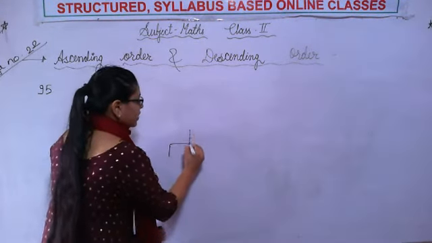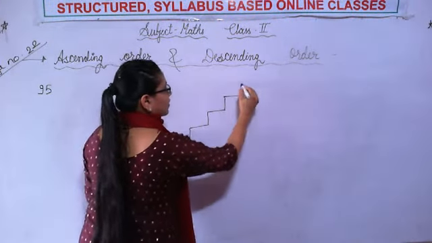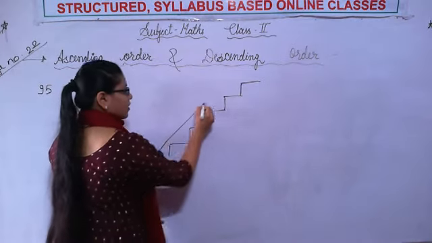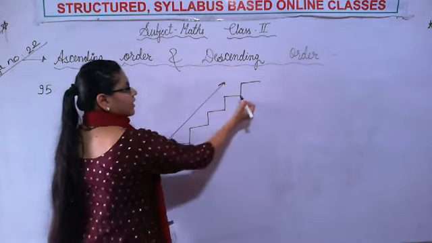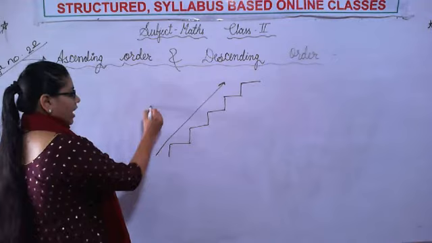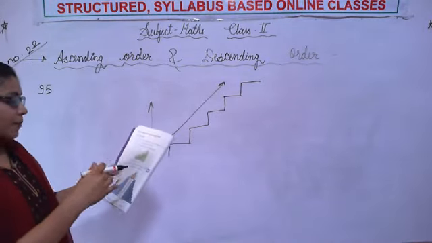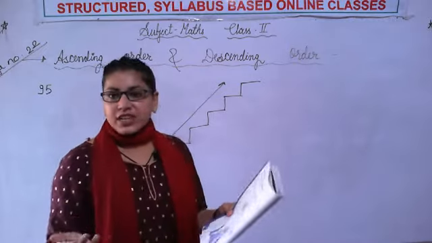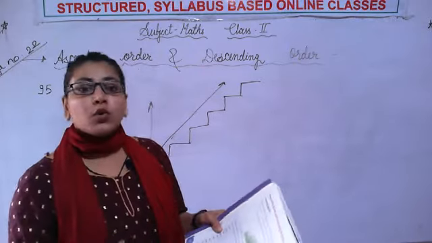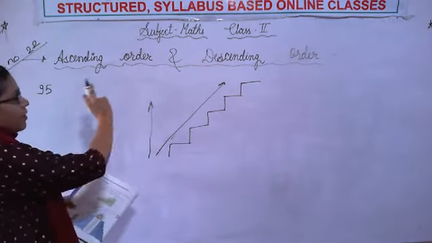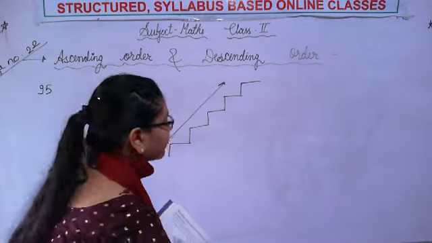You have seen stairs. As we are moving upward, the height is increasing. It means going through a stairway, we have to arrange the numbers in ascending order.